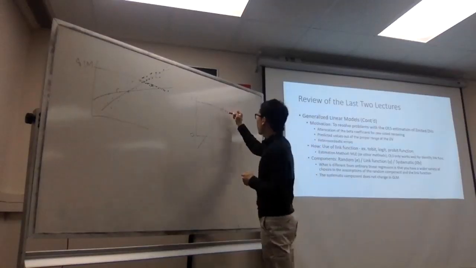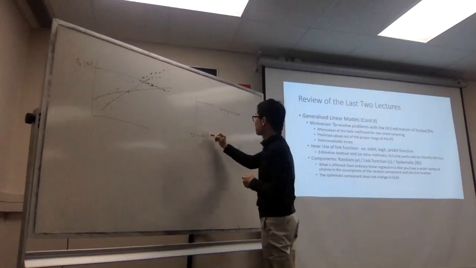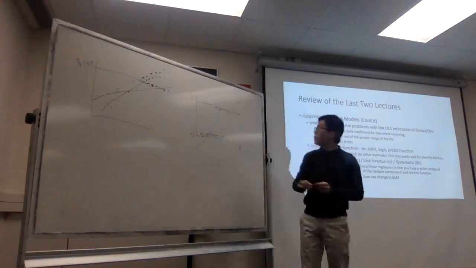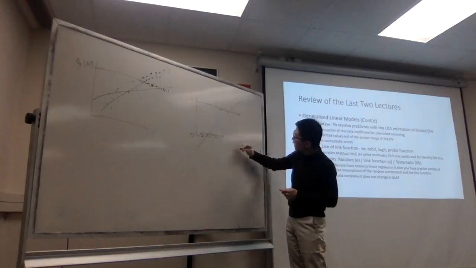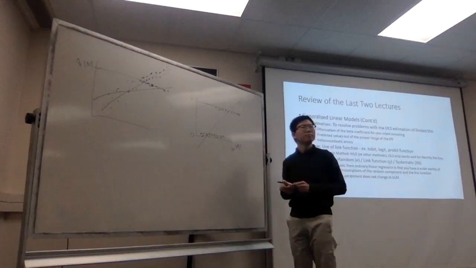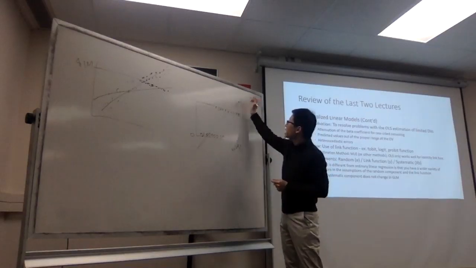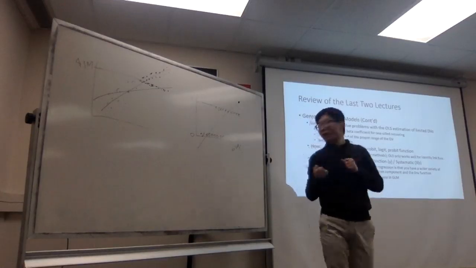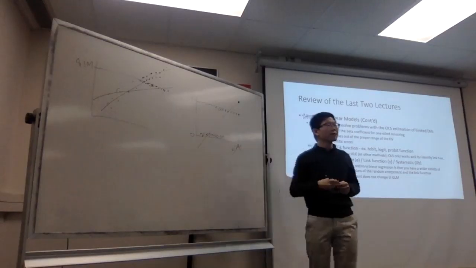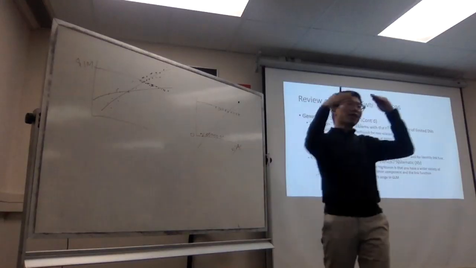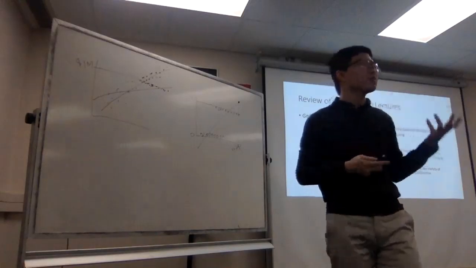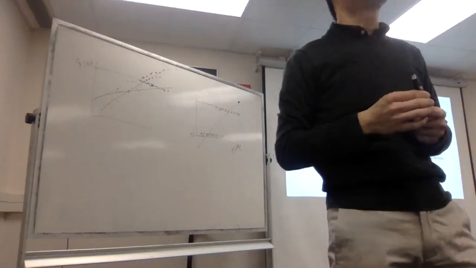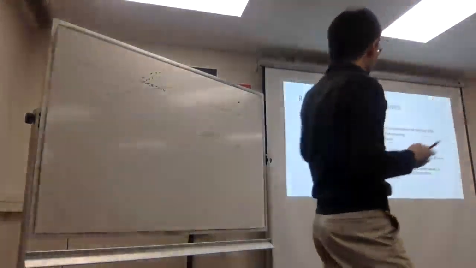Even though the observations look like that, the predicted value when x is, say, 20 will be here, higher than 1, which is out of the proper range of the dependent variable we're analyzing. Does that make sense? That is the second problem.